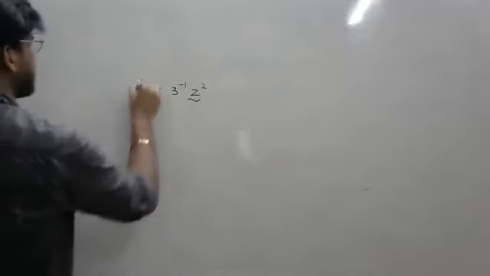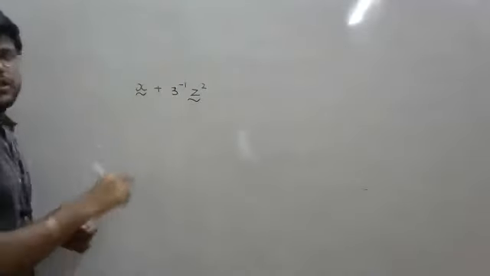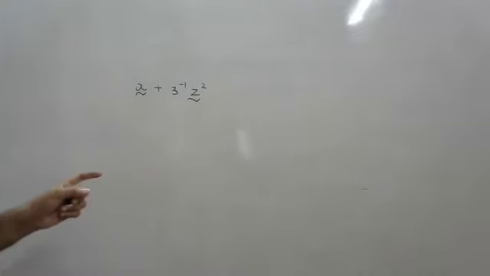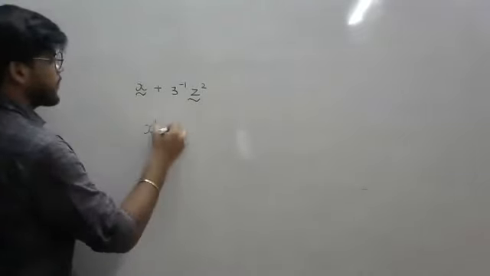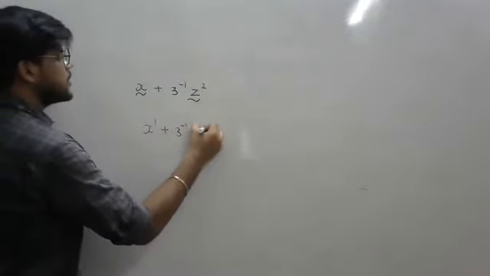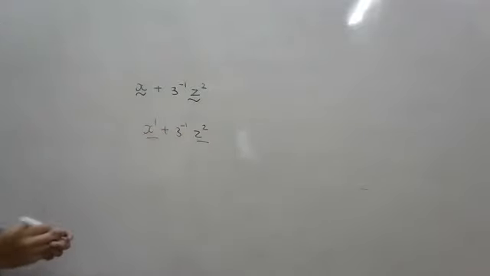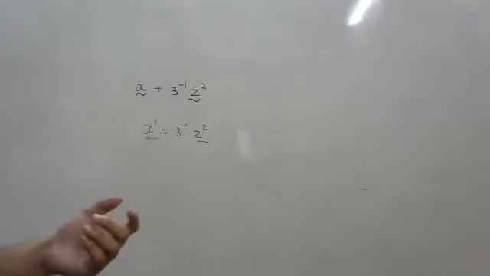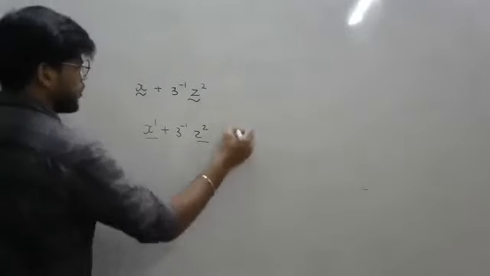So x has no written power, that means power of x is 1. And power of z is 2. If you look carefully, we are not having negative power for variables. Therefore, this is considered to be a polynomial.